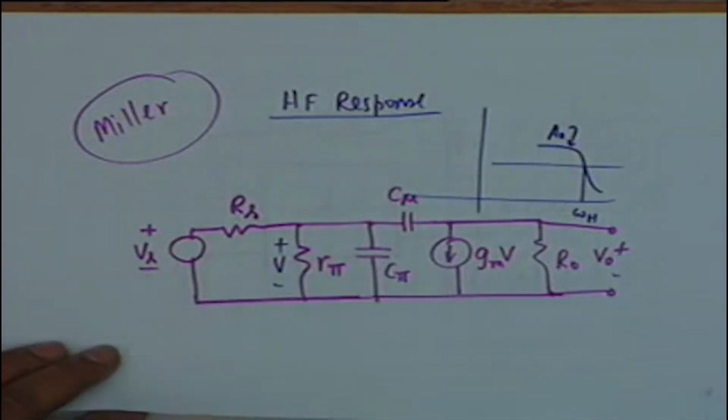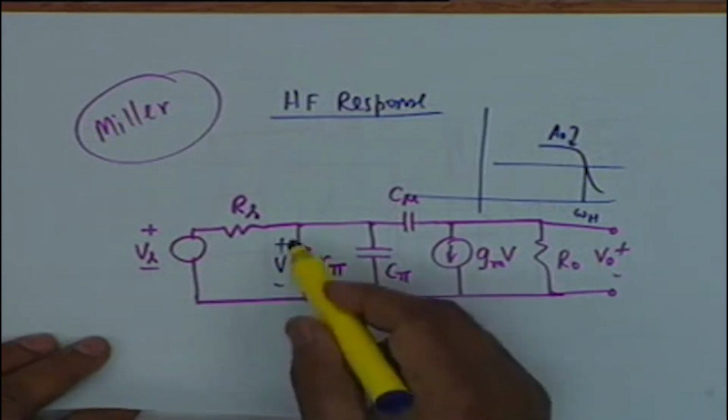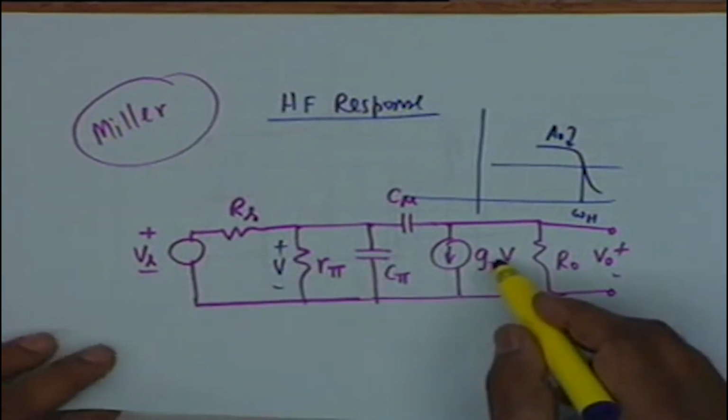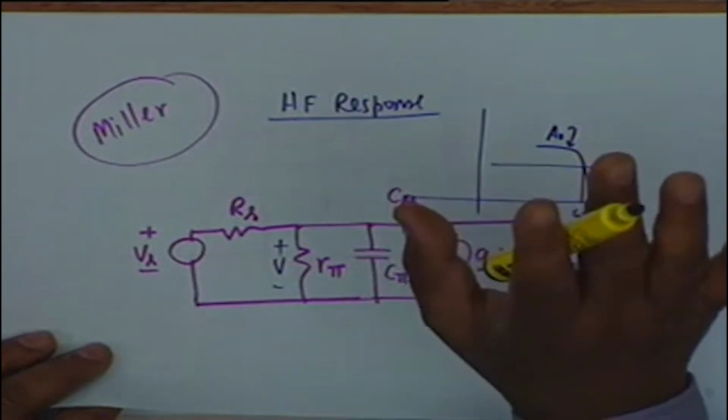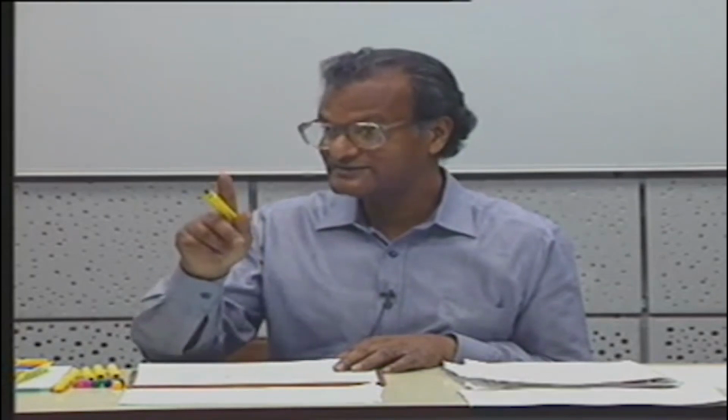If I do that, then what is A? This is V and this is gmV. Minus gmV R0 is the output voltage. Output voltage divided by input voltage, that is V. So the gain is simply minus gm R0. This is approximate. All right.